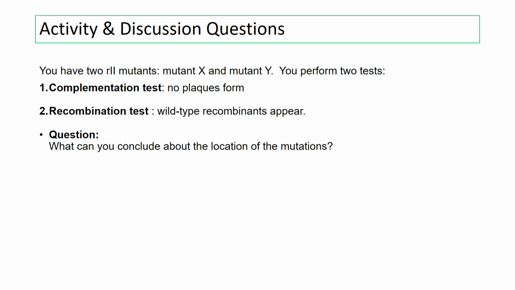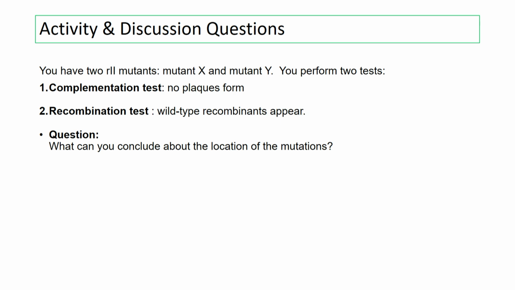I stop here with this question that has been shown on your screen. So you have two R2 mutants X and Y, and you perform two tests, complementation and recombination. Now in complementation you do not see any plaques that are formed. So what does it mean? And when you allow the recombination, you start seeing the recombinants.